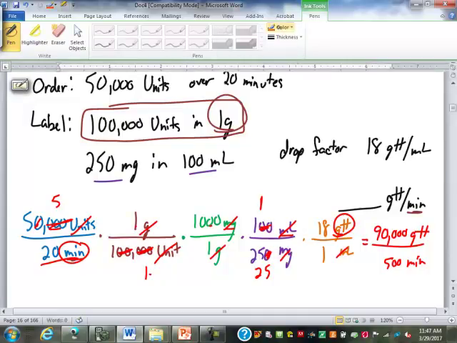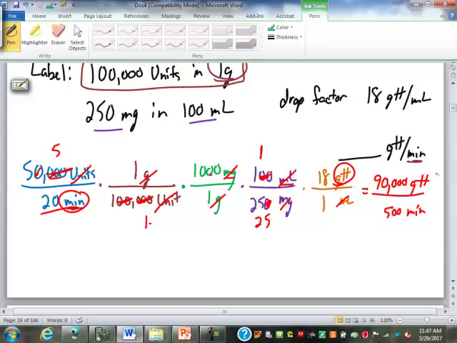So we divide that out. 90,000 drops divided by 500 minutes is going to give us 180 drops per minute.